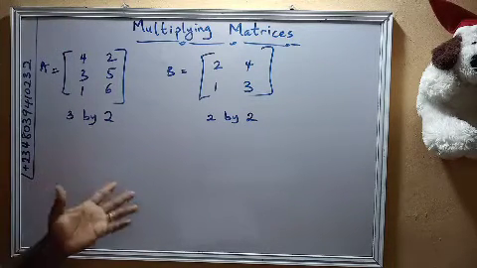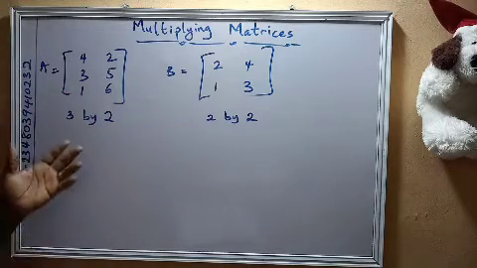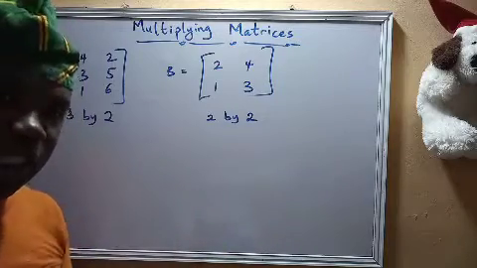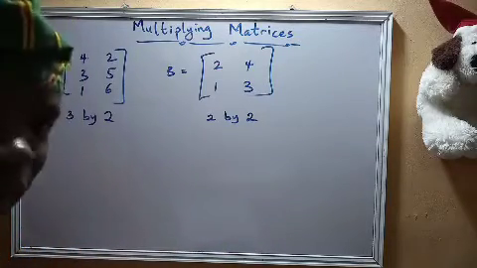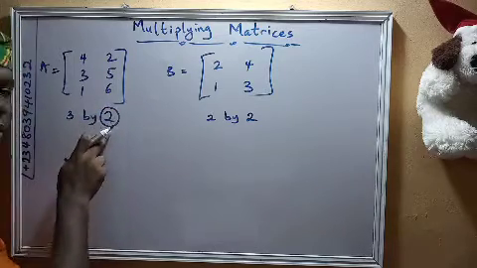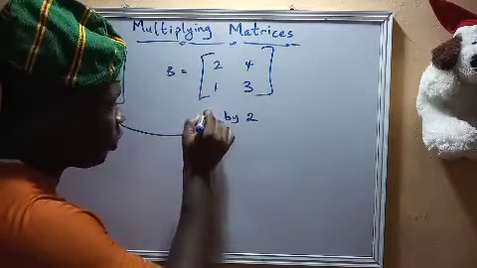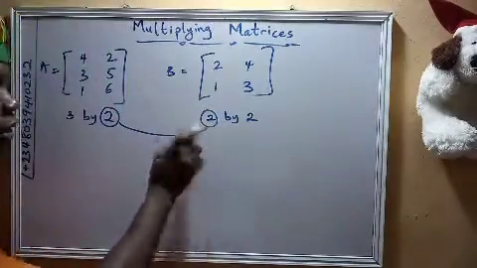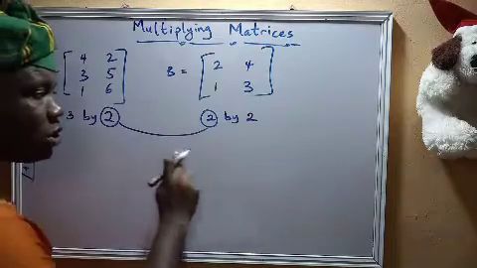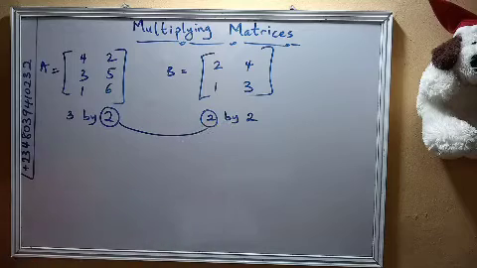Now the next thing you must understand when multiplying matrices is that before you can think of the possibility of multiplying two matrices, the column of the first one must be the same as the row of the second one.